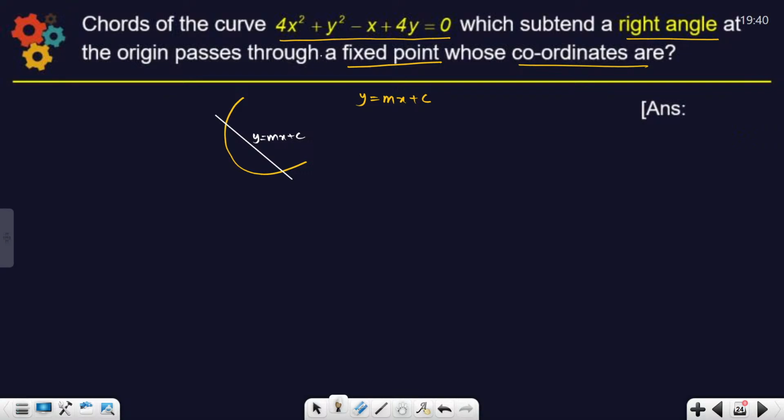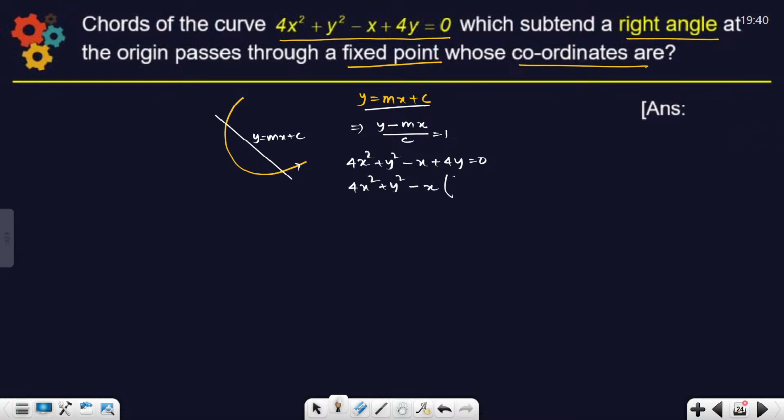So we have to homogenize the given curve with the help of this line. So this line can be written as (y minus mx) by c equals 1. So let me replace this. Let me homogenize this curve with the help of this line equation.